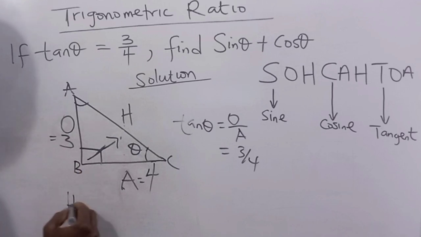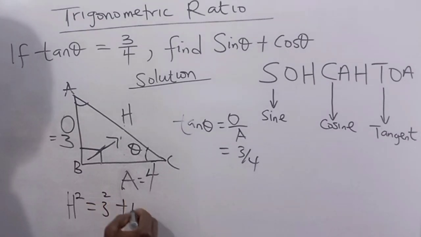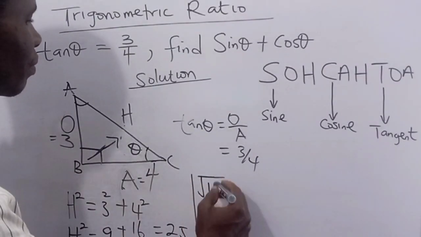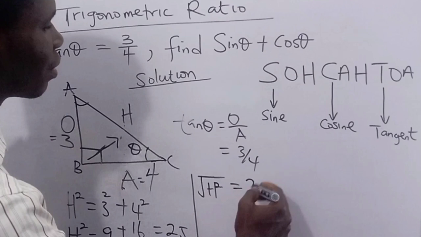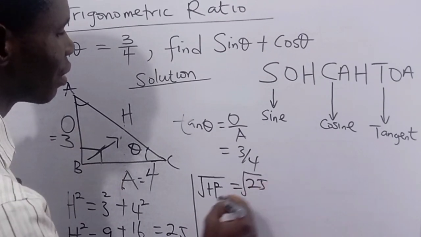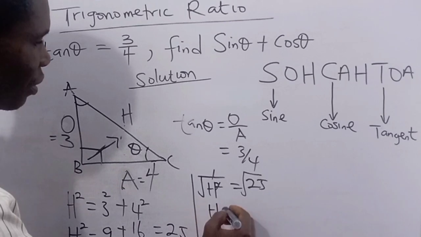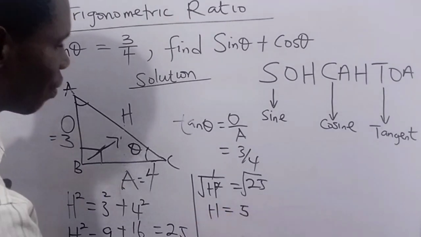So we have h squared is equal to 3 squared plus 4 squared. So h squared is equal to 9 plus 16, which is equal to 25. If we take the square root of both sides, square cancels square root, and the hypotenuse is equal to 5.